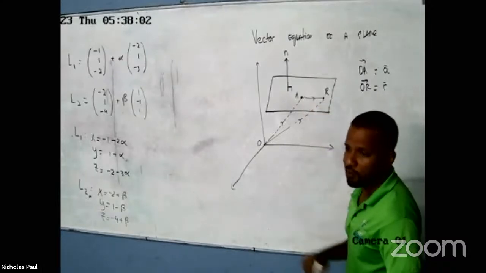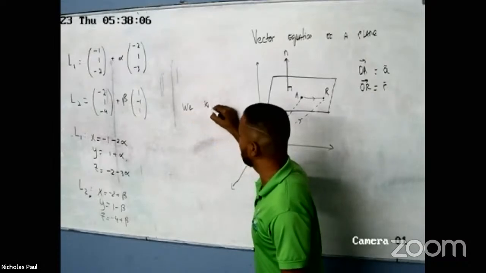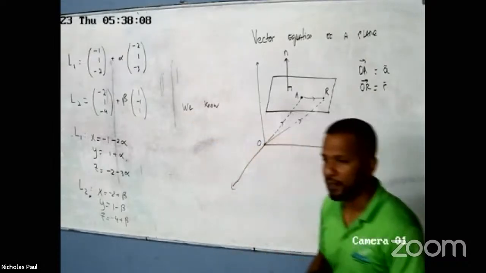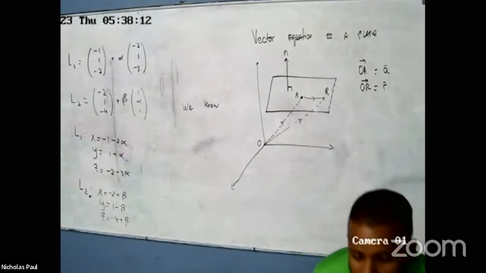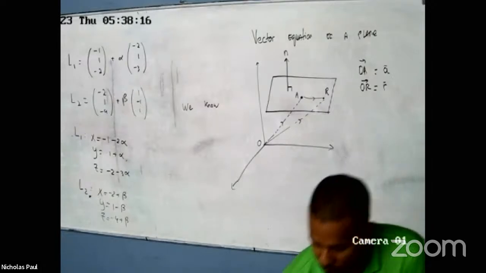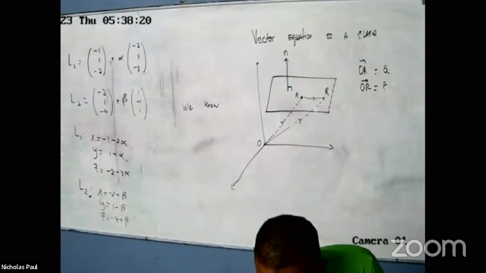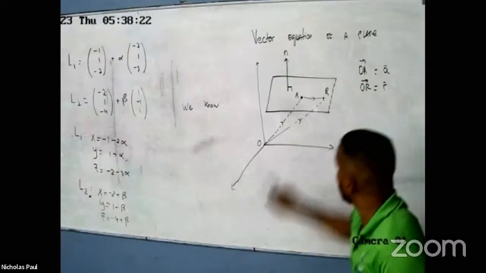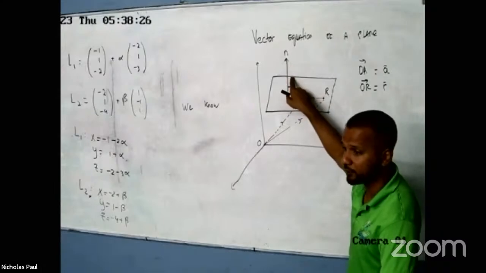The reason I want to find AR is that remember we know this relationship. If 2 vectors are perpendicular, what do we know? We know that the dot product is 0. So it means that if I know AR and I know this vector, when I multiply them, I'm supposed to get what?